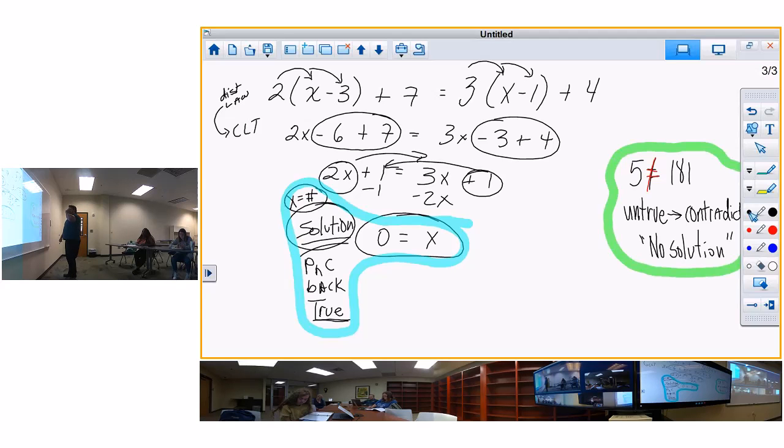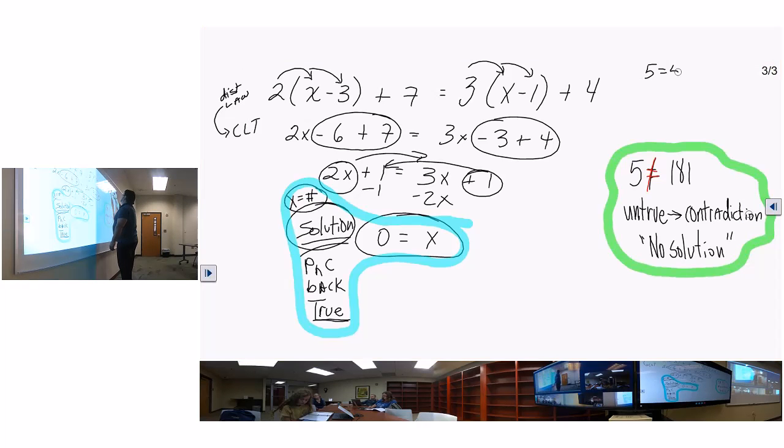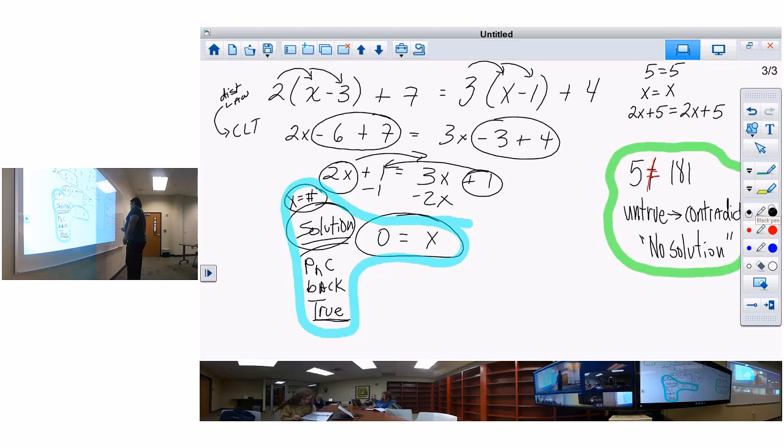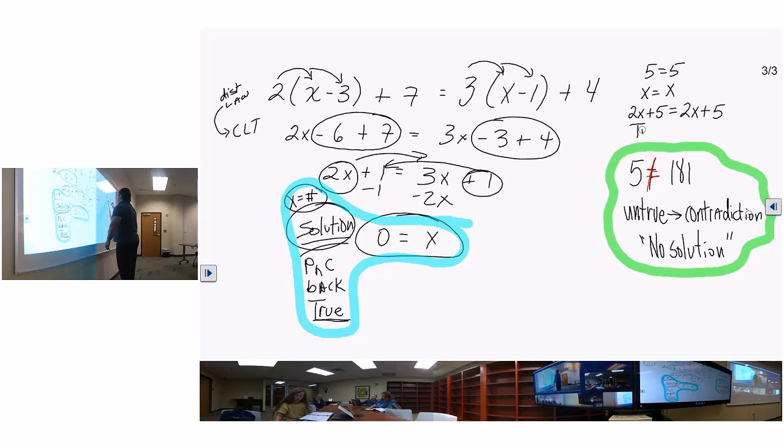What if I get something like this? 5 is equal to 5. x is equal to x. 2x plus 5 is equal to 2x plus 5. What are all of those statements? True. If you get a true statement, that's called an identity.